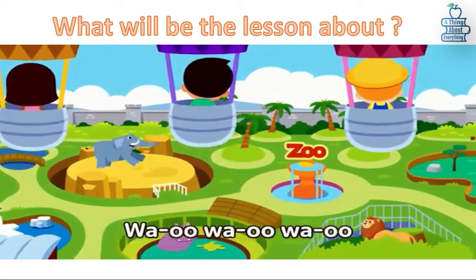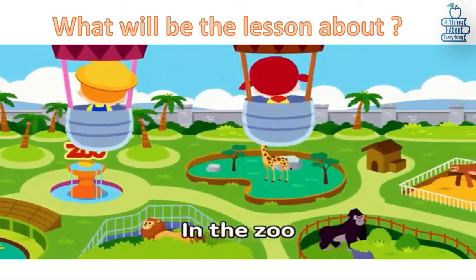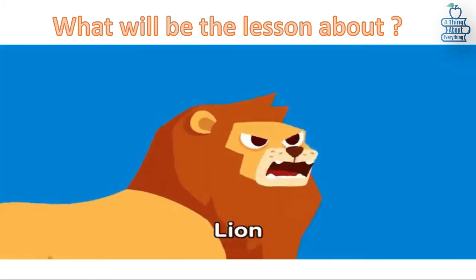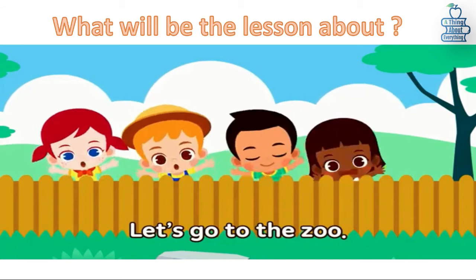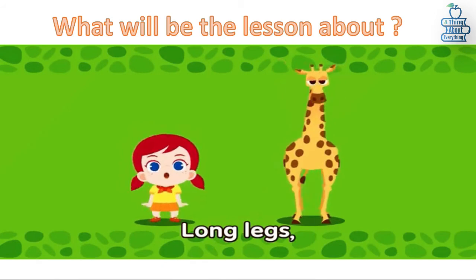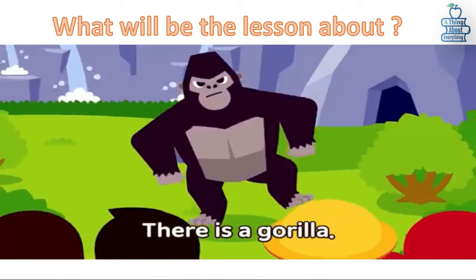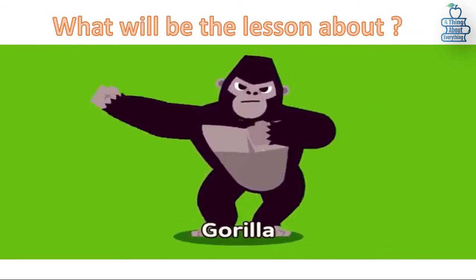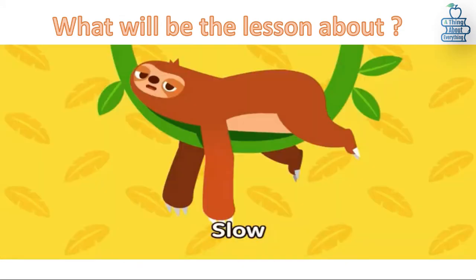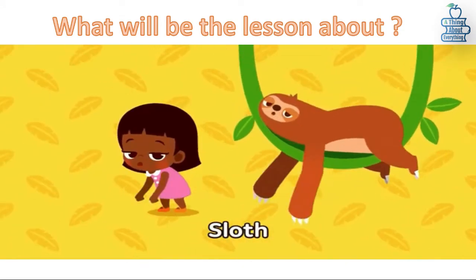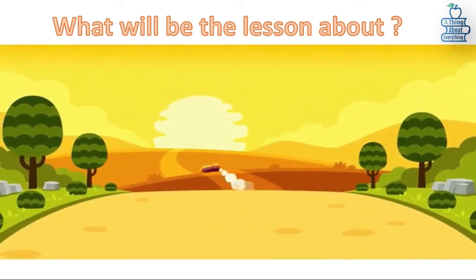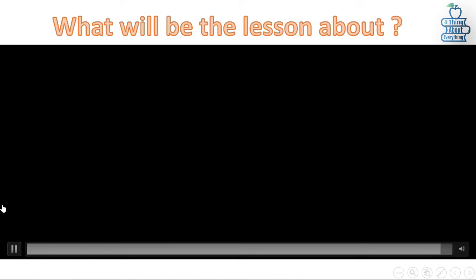Wah, ooh, wah, ooh, wah, ooh, in the zoo. Let's go to the zoo. There's a lion. Roar, roar, lion. Roar, roar, lion. Let's go to the zoo. There's a giraffe. A long-necked giraffe, long-legged giraffe. Let's go to the zoo. There's a gorilla. Thump, thump, gorilla. Thump, thump, gorilla. Let's go to the zoo. There's a sloth. Let's go to the zoo. Let's go to the zoo. Okay, thank you for watching.